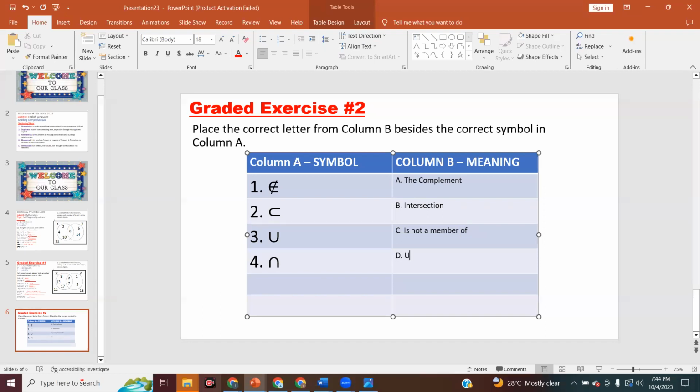Say this is T, let's call this the union. Say this is E, let's call this subset. Say this is F, let's call this the number of elements.